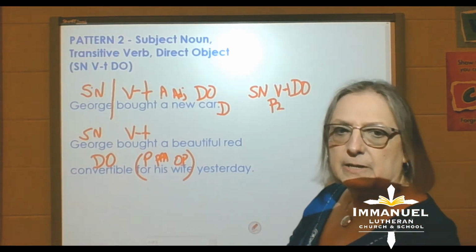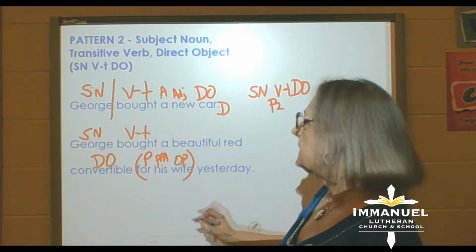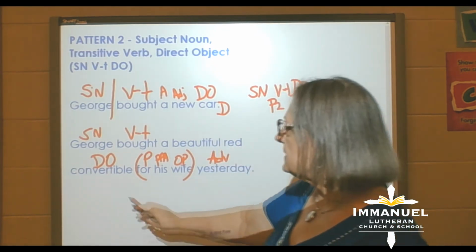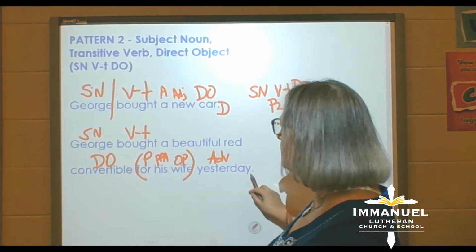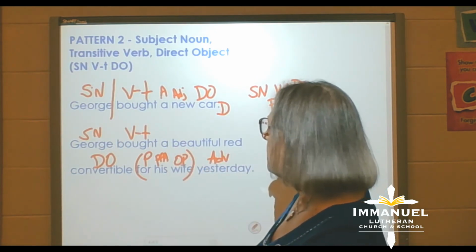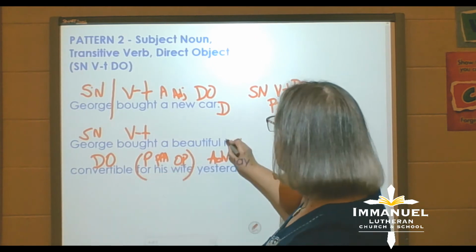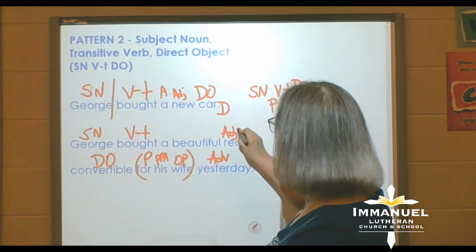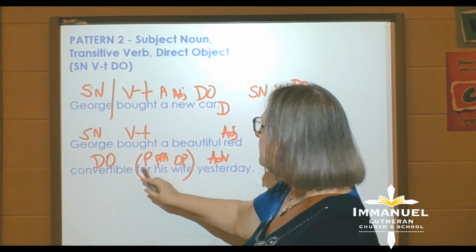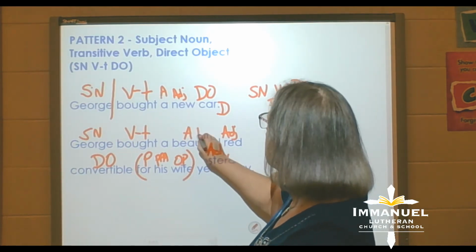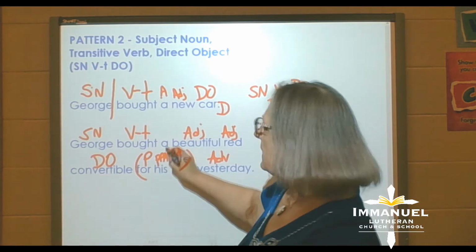When? Yesterday. Adverb. So we go out to the end of the sentence after we find the pattern, we finish it out. Now let's come back in. Red. What kind of convertible? Red. Adjective. What kind of red convertible? Beautiful. Adjective. A, article adjective.